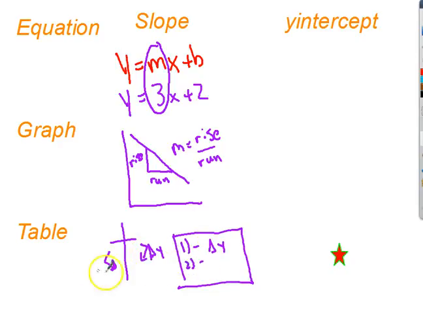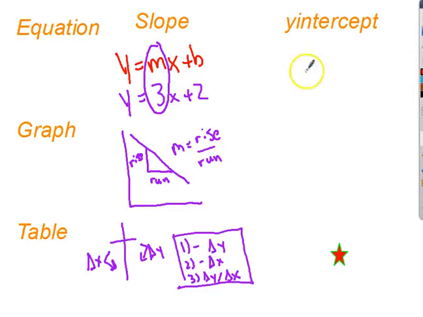Step 2, subtract, that's the change in x. Step 3, divide. That's three different ways of finding the slope. In an equation, the slope is the number in front of the variable. In a graph, you make a triangle, and in a table, you subtract, then divide.